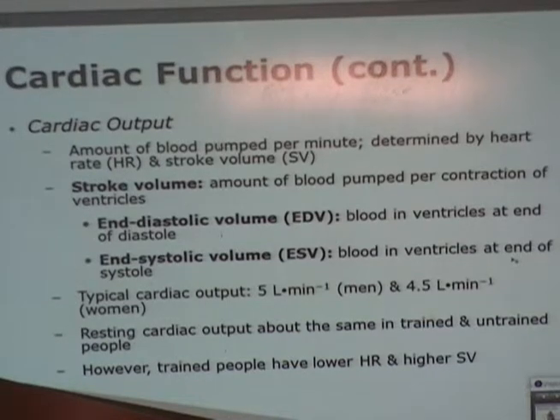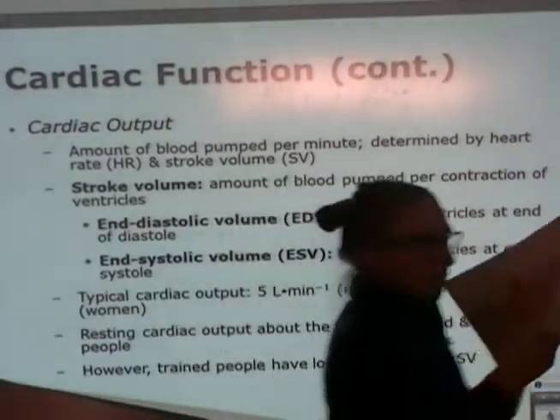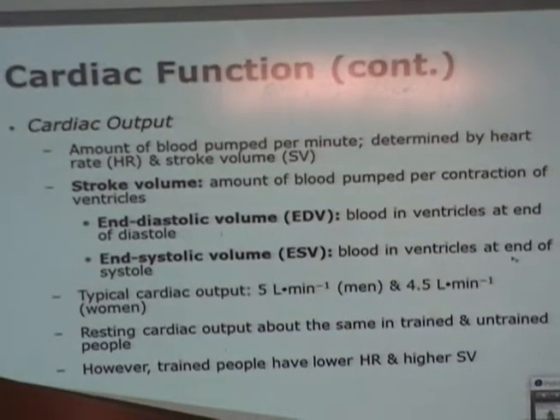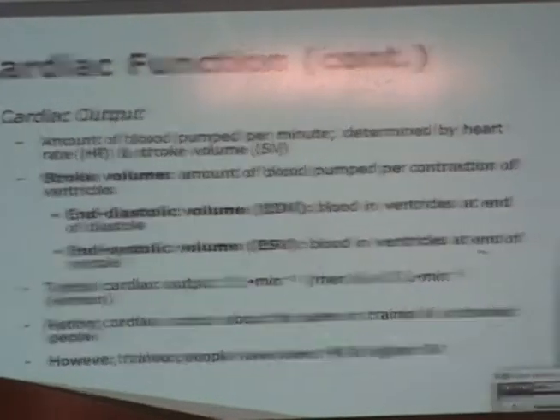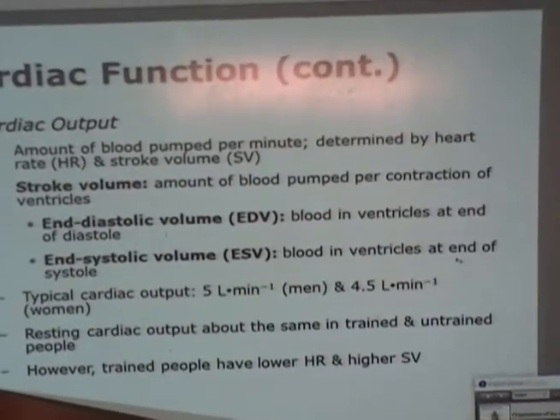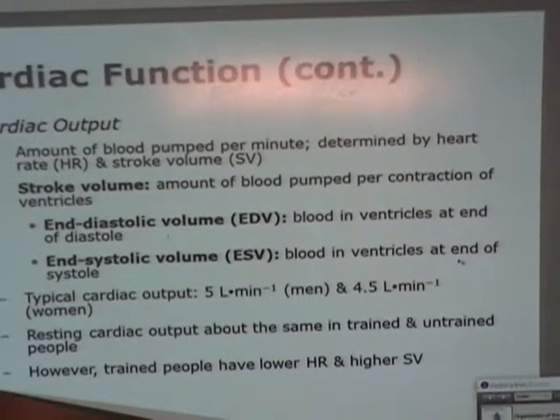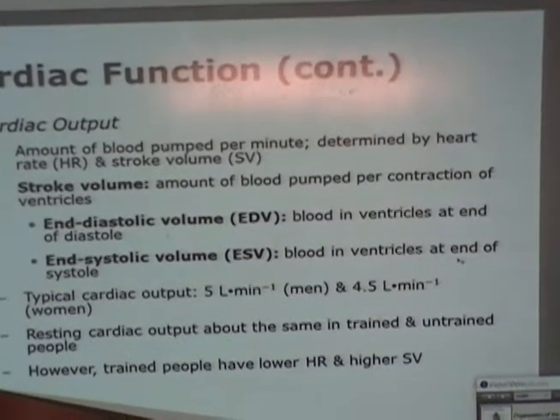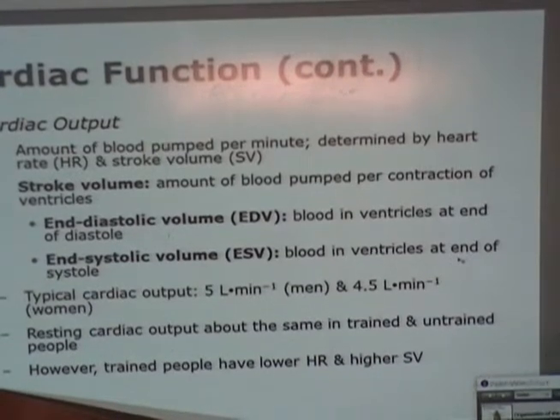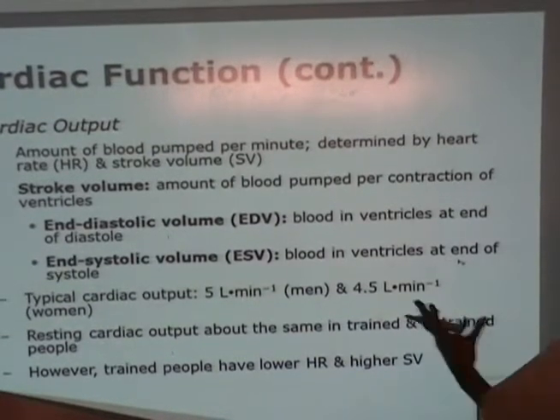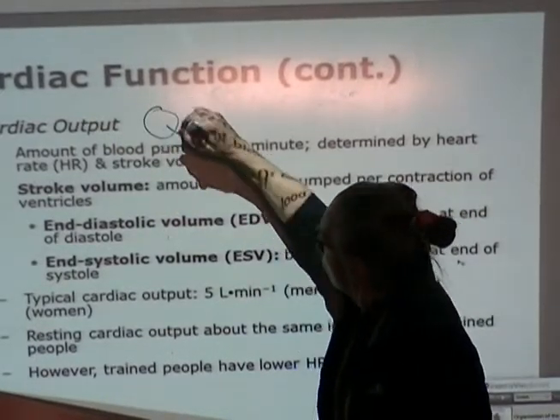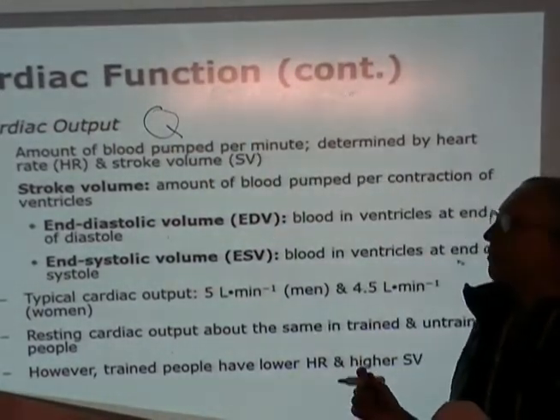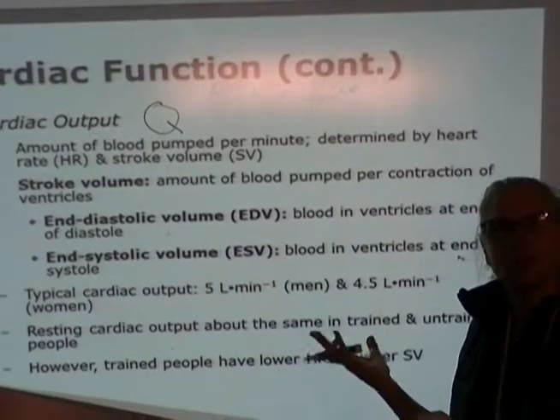So the next piece of the pie that we need to know is all the terminology that surrounds cardiac function, okay? So the first measure that we have is called cardiac output, and when you look in a book or at a research paper, cardiac output is represented by Q. I have no idea why they use Q for cardiac output.